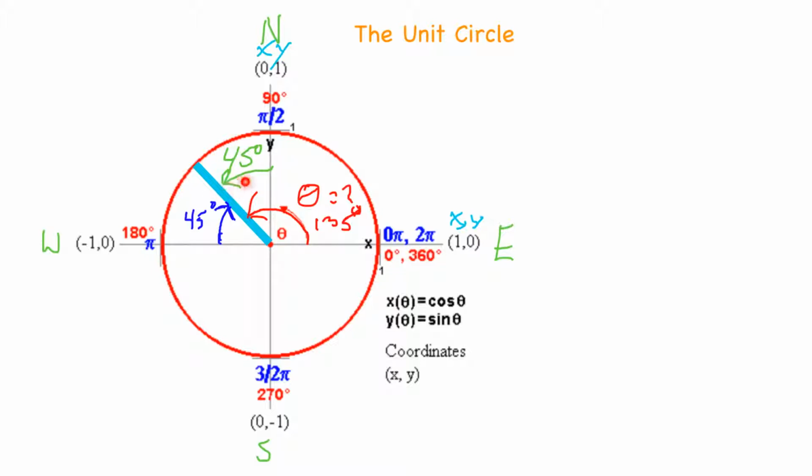Alright, so that's talking about this movement right here. So 45 degrees west of north, or we could describe this angle as 45 degrees north of west because we're moving towards the north from the west.